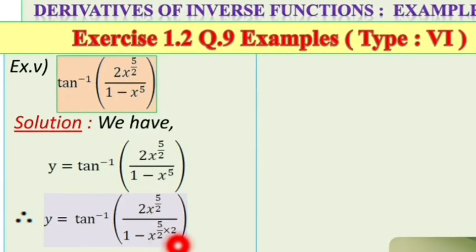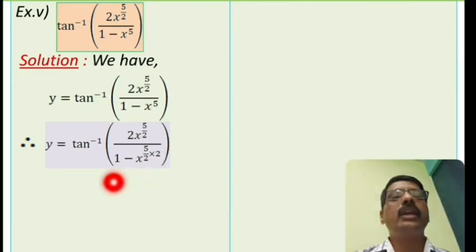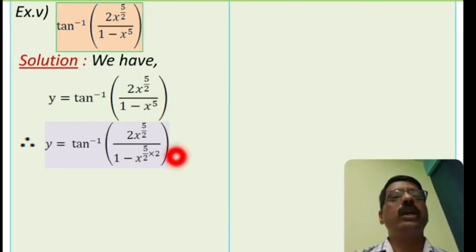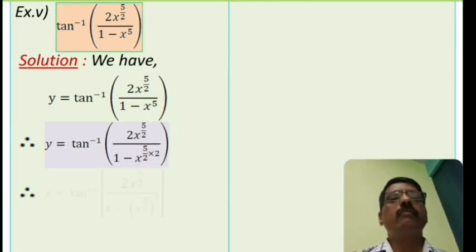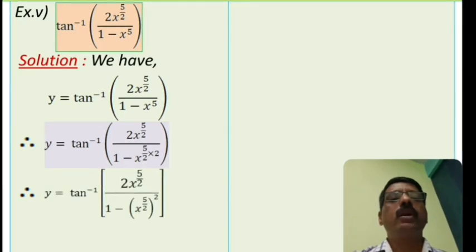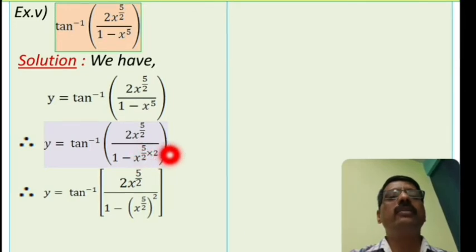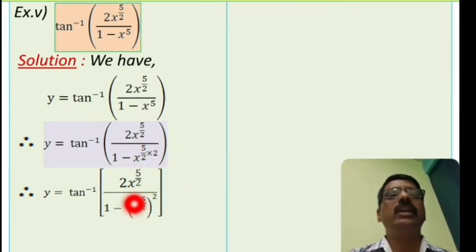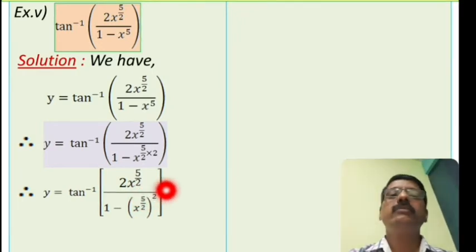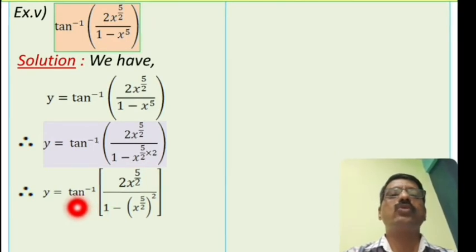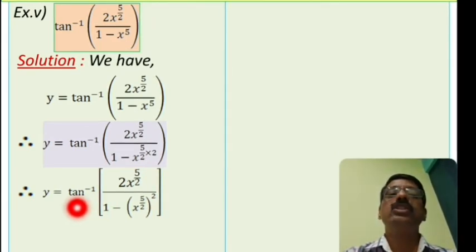Here we arrange the terms by the formula a raised to m into n, then 2 and 2 cancel, only 5 remains. Now this becomes y equal to tan inverse of, in the numerator 2 into x raised to 5 upon 2, divided by 1 minus, here a raised to m into n can be written as a raised to m bracket raised to n, and therefore in the denominator 1 minus x raised to 5 upon 2 bracket square.